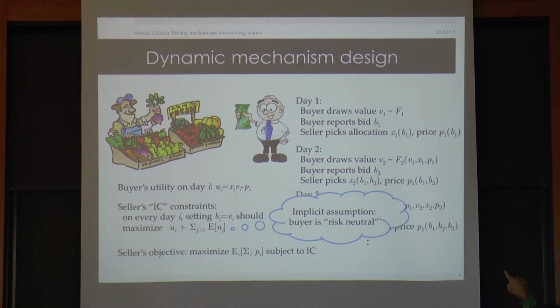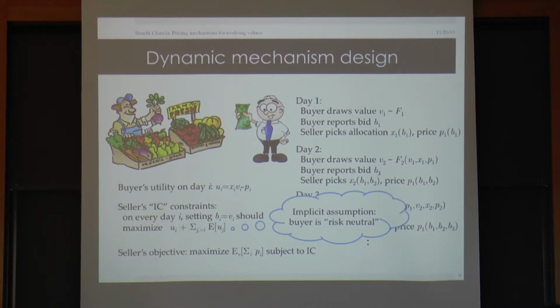Where in that setting was their promise? So the promise is here. The seller can say that the price P2 of B1, B2 is going to be 0 if B1 is such that the buyer is going to buy here.